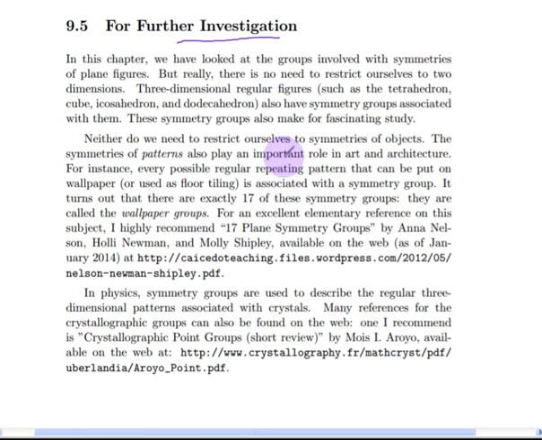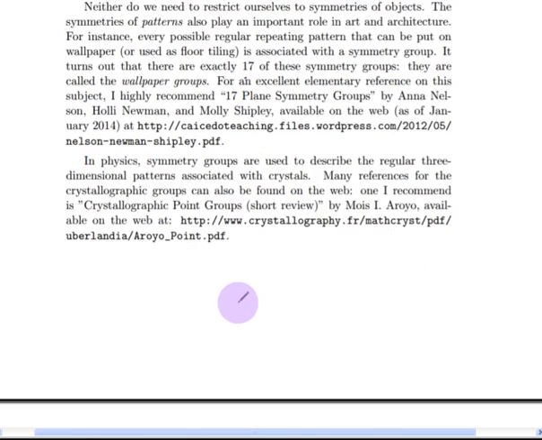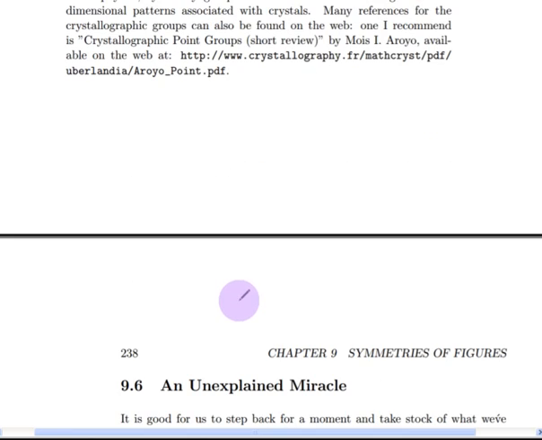It turns out that there are 17 symmetry groups for tilings. These are called wallpaper groups. Very interesting. You can also have symmetry groups for crystals. They're like three-dimensional tilings. So there's a reference for crystal groups. So there's a lot to look into for symmetries in different applications.